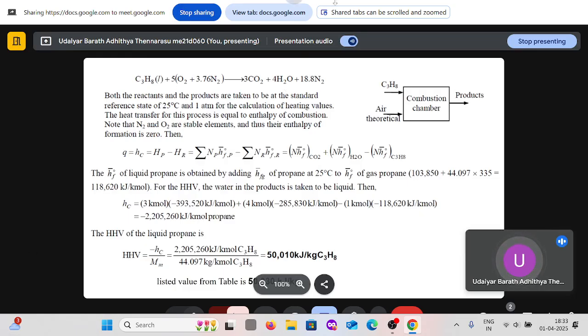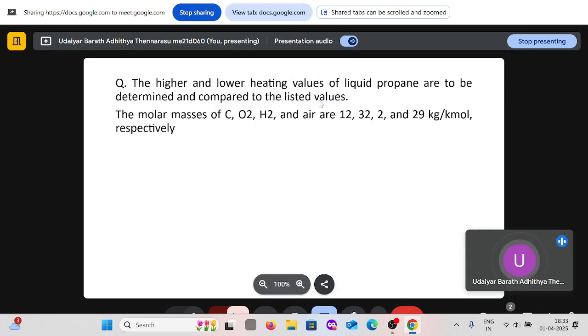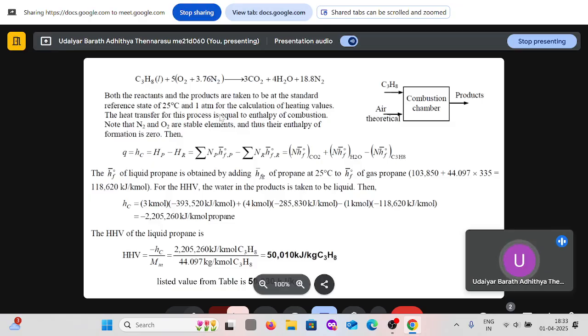Now both the reactant and product are at standard reference temperature and pressure. Just like the previous problem, there will be no sensible enthalpy change because both are at 25 degrees Celsius. It's just enthalpy of formations. So Q is enthalpy of product minus enthalpy of reactant, where enthalpy of product is the summation of the number of moles times the enthalpy of each product component, minus the enthalpy of each reactant times its moles.